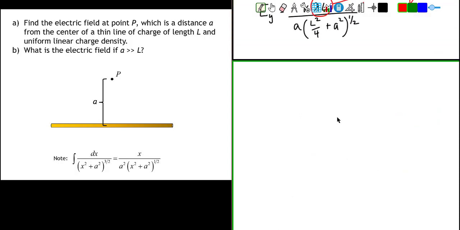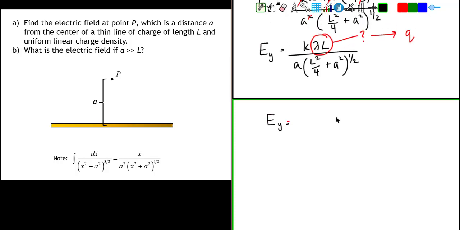That allows us to write the electric field in the y direction is equal to kq over a times the quantity a squared plus L squared over 4 to the 1/2.